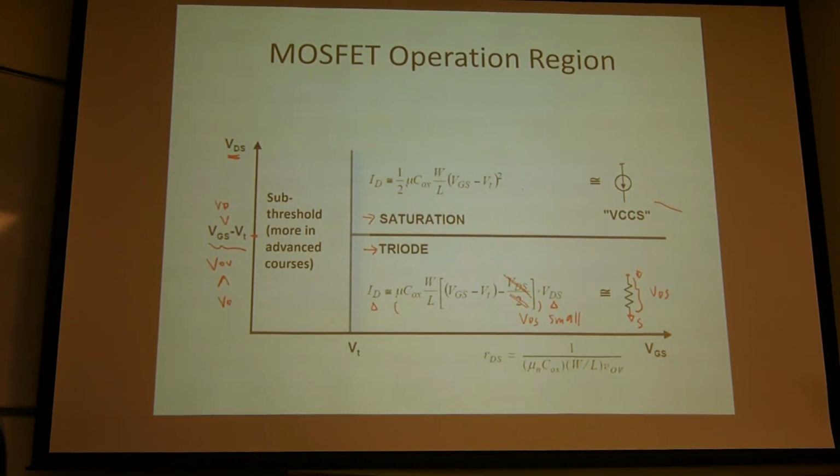So here also you have the source and the drain, and you have VDS across that. But if you look at this equation, it has no VDS in the saturation equation, right? There's no VDS, that means the current is independent of the drain voltage.